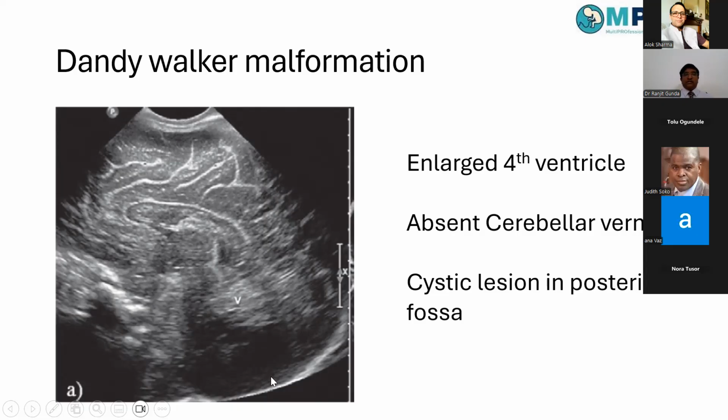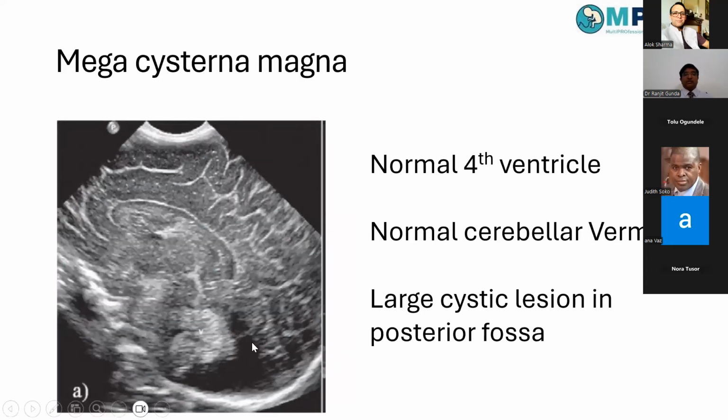If you go to only isolated megacisterna magna, it will probably look like the cerebellar hemisphere and cerebellar vermis are preserved. Fourth ventricle is not dilated. So this part is normal. Only we see the cystic lesion in the posterior fossa, which is megacisterna magna. If that is what you're asking, Dr. Anna? Yes, thank you. It's clear now.